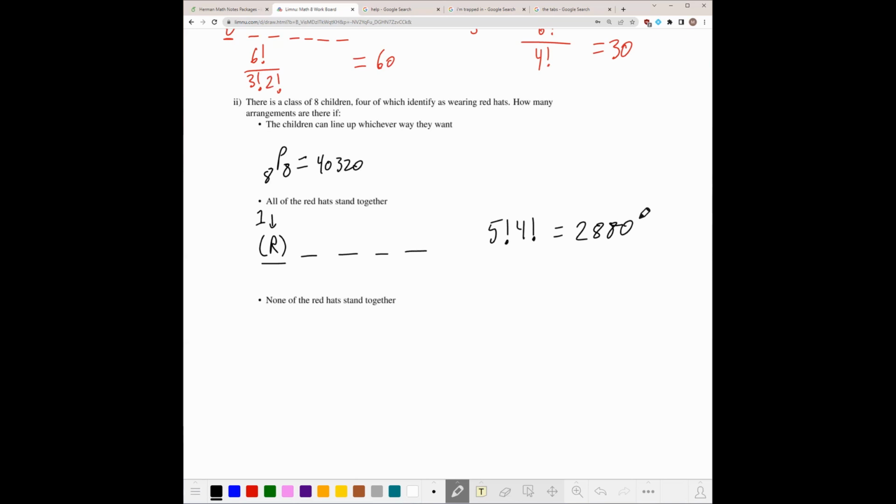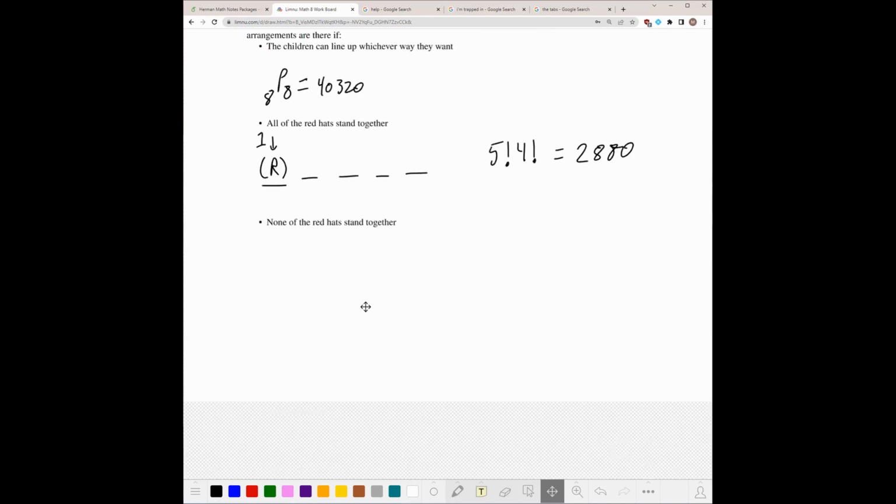Okay, last question here. None of the red hats stand together is another one of those questions where accidentally I've made it really, really hard. I'm going to leave this as a bonus question for you if you want to do it. But one of the things we can think about is it might be easier for us to calculate the chances for them to stand together and then take that away from our total.